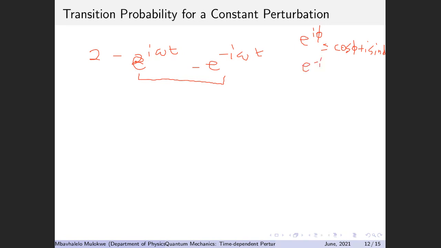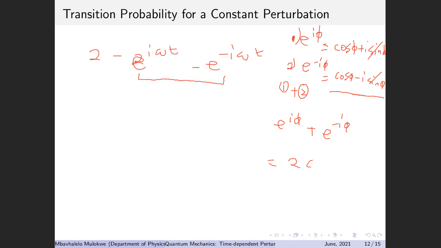So if you look at e to the minus i phi, it will give you cos phi minus i sine phi. So let's say this is equation 1, this is equation 2. If you add 1 plus 2, you get e to the i phi plus e to the minus i phi. If you're just adding them, these terms will cancel.